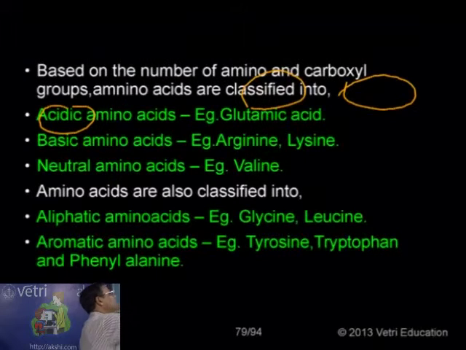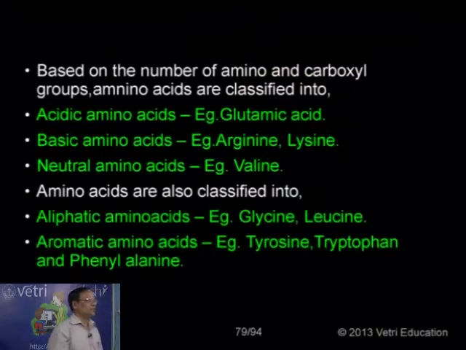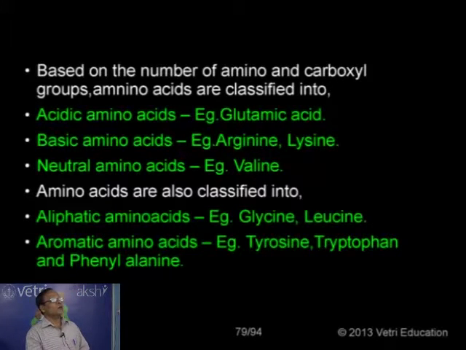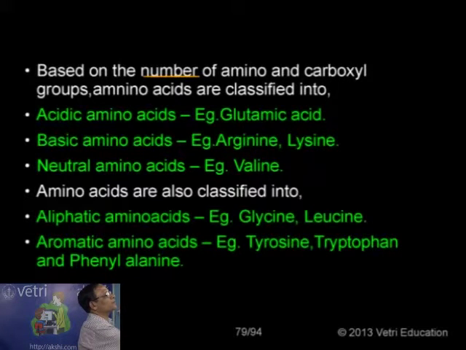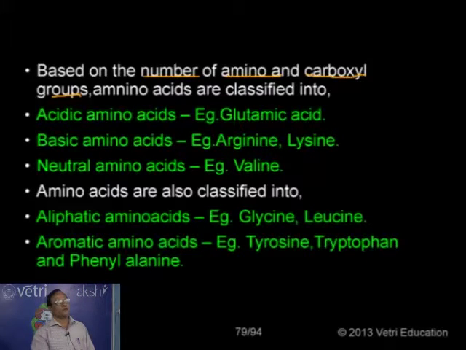Then, under different solutions, they exhibit different properties. We can have different types of amino acids. I'll come to this later. Now, we can also have a classification based on the number of carboxyl groups and amino groups possessed by the amino acids. According to the number of amino groups and carboxyl groups, we can classify the amino acids into three major types.